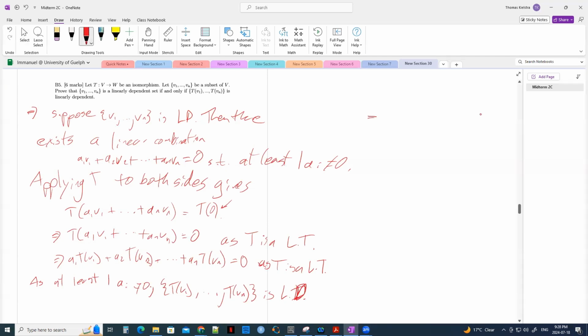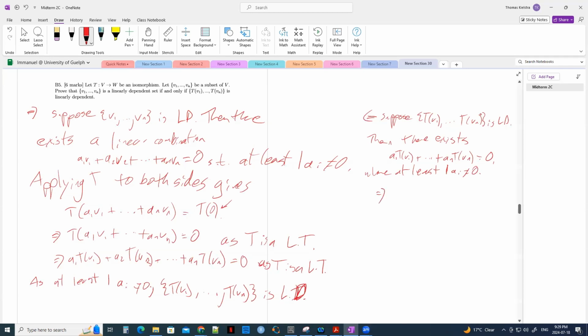So the reverse direction, suppose the set T(v1) up to T(vn) is linearly dependent, then there exists a1T(v1) + ... + anT(vn) equaling 0, where at least one ai does not equal 0.